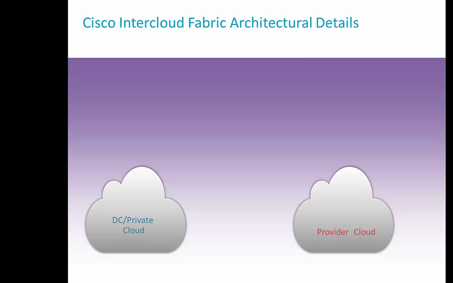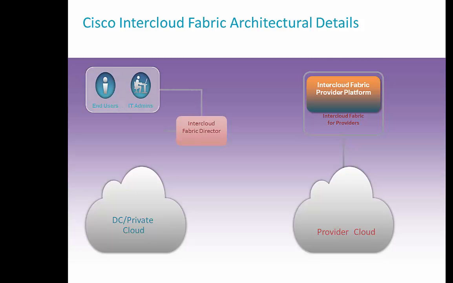So you have your data center or private cloud inside your premises, and there's a provider cloud on the other side. On the provider cloud, there is an Intercloud Fabric provider platform, and that talks to Intercloud Fabric for Business.